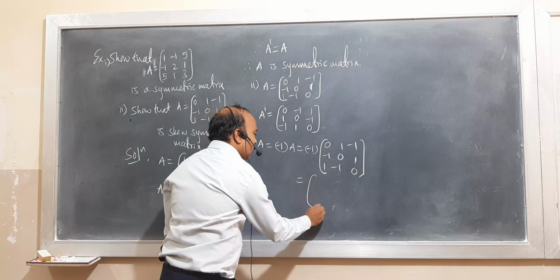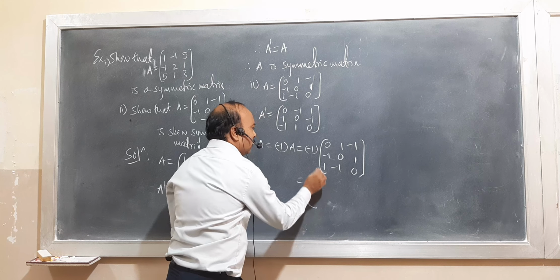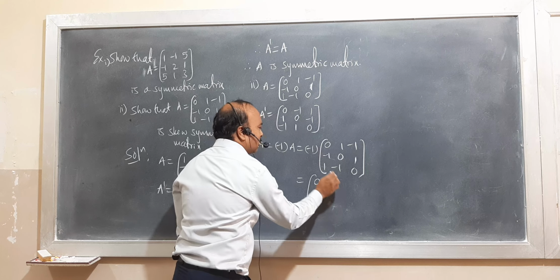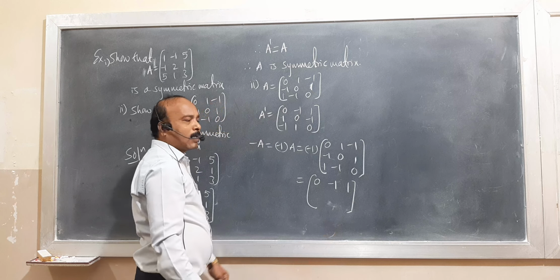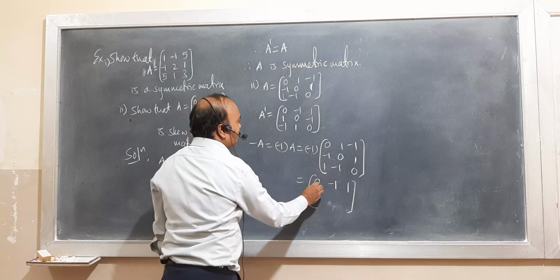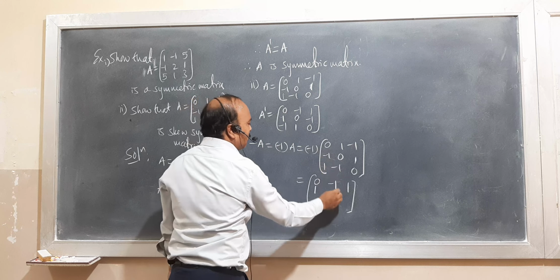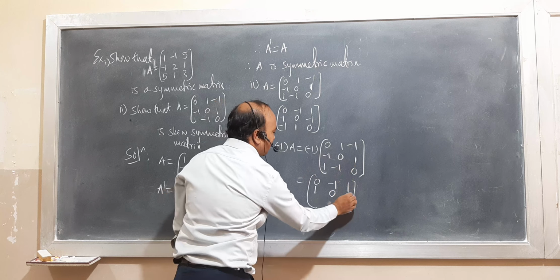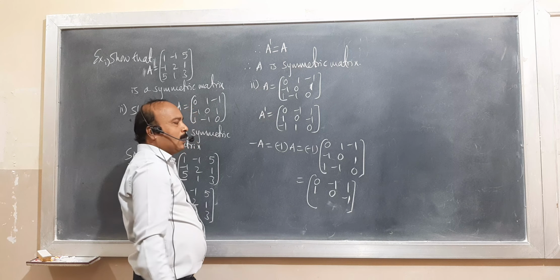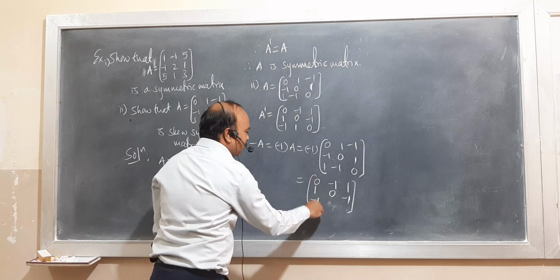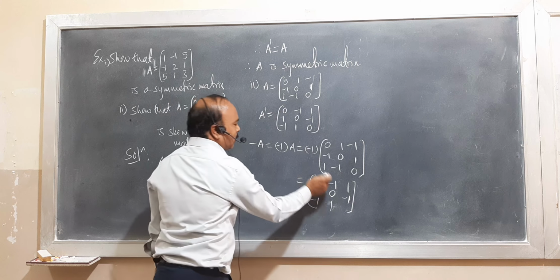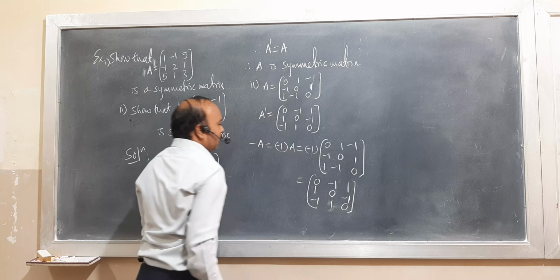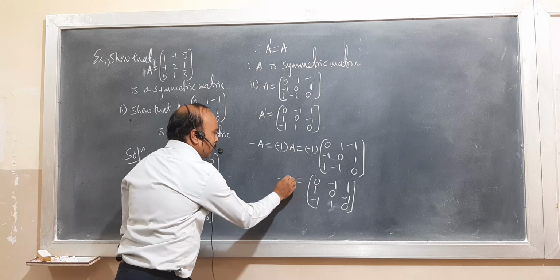We get minus 1 into 0 is 0, minus 1 into 1 is minus 1, minus into minus is plus 1. Second row: minus into minus is plus 1, minus 1 into 0 is 0, minus 1 into 1 is minus 1. Next, minus 1 into 1 is minus 1, minus into minus is plus 1, minus 1 into 0 is 0. Now it is the minus A matrix.